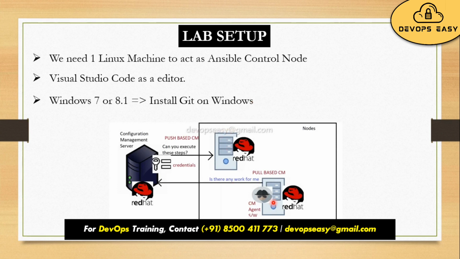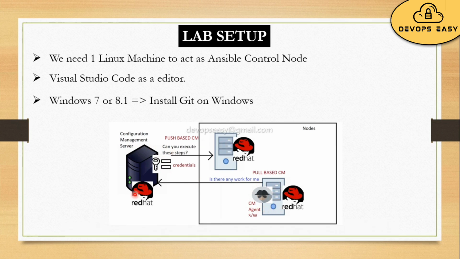So this is push based and this is pull based. In push based, Ansible will go and log into the server and do the actions. In pull based, Chef and Puppet agents will go and ask the master and then do the tasks. A simple example: if I want to install Java using Ansible, Ansible will log into the server and install Java.